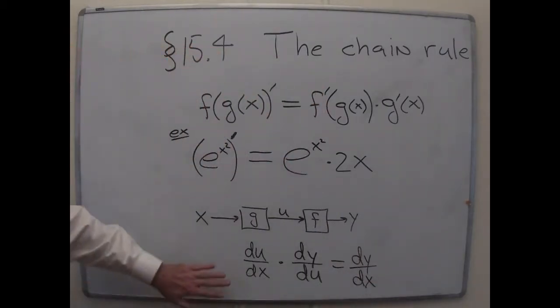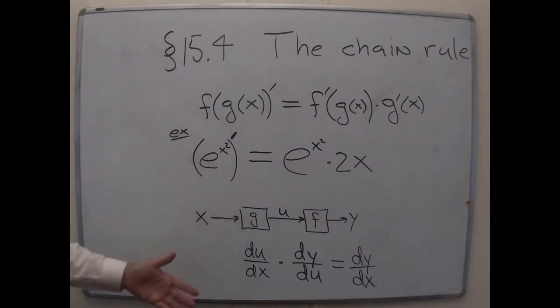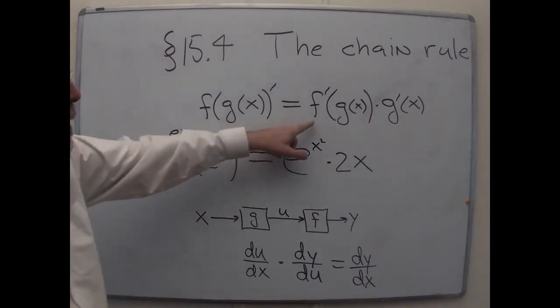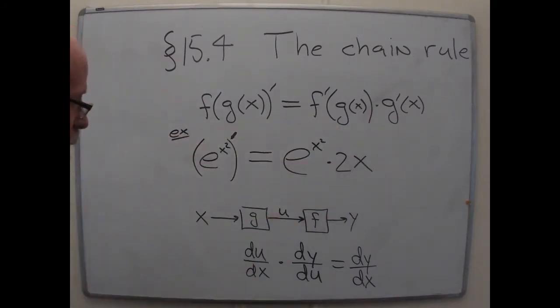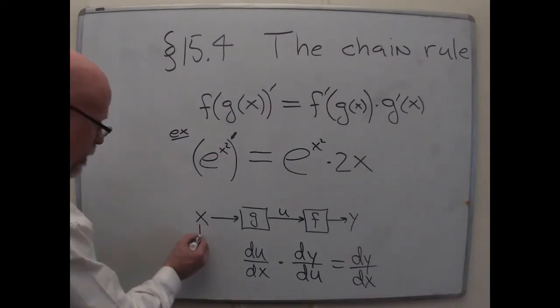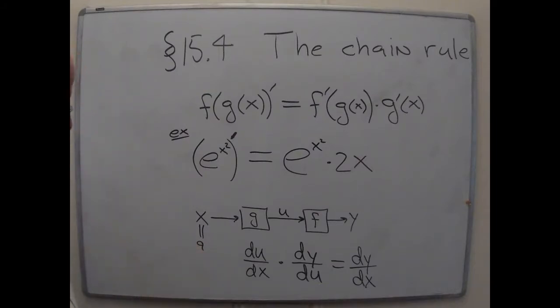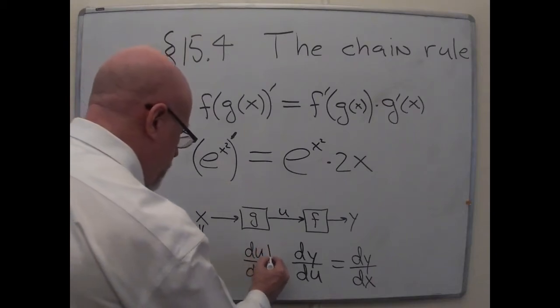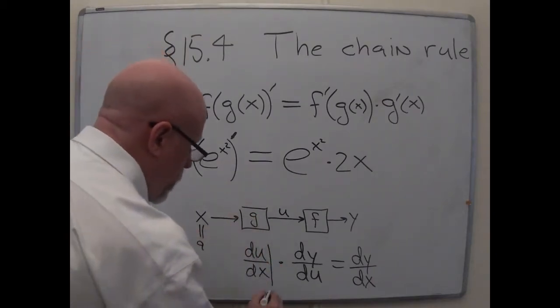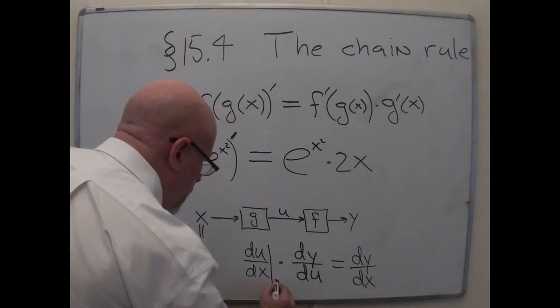Now, this is a slight lie, because really the functions are there, and when we calculate a derivative, we actually want to know where we're calculating it. And thinking about where these things get calculated is what lets us really understand this form. If we were trying to do this at some value for x, call it x equals a, then du dx, that's really the derivative of g, would get evaluated at x equals a.